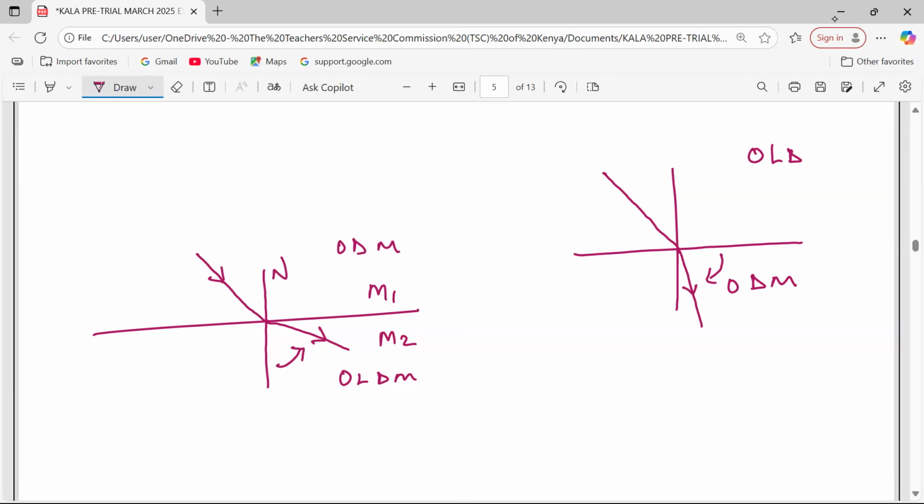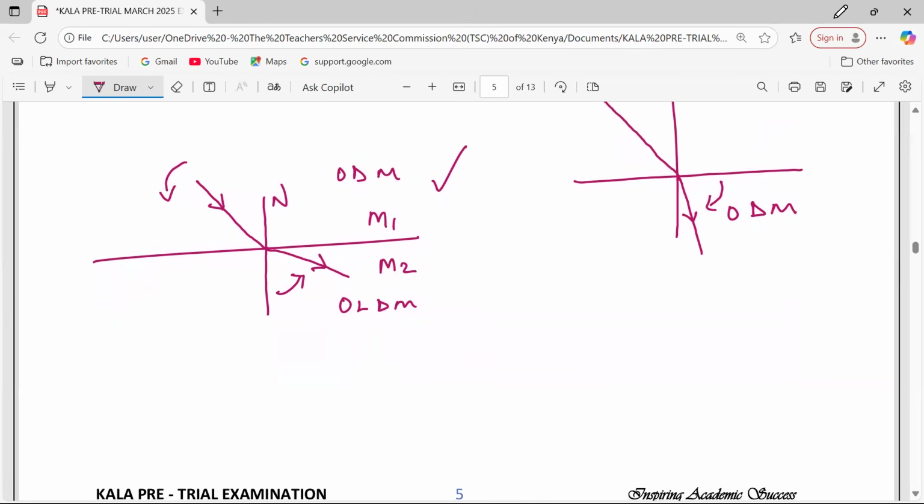In this other case, it's away from the normal. So it is in this case whereby, as we continue to increase the angle of incidence, at some point this ray shall go through the interface whereby it will be making the angle of refraction 90. As we increase the angle of incidence, the angle of refraction also increases. So it shall increase until the ray, instead of coming to the second medium, now gets totally internally reflected, such that it doesn't penetrate to the second medium.